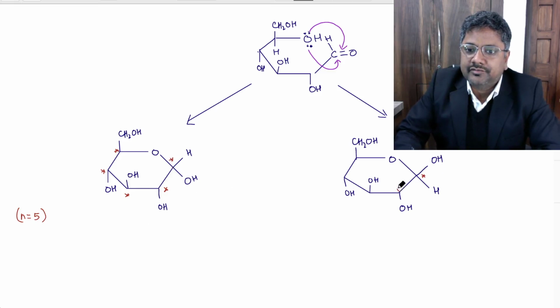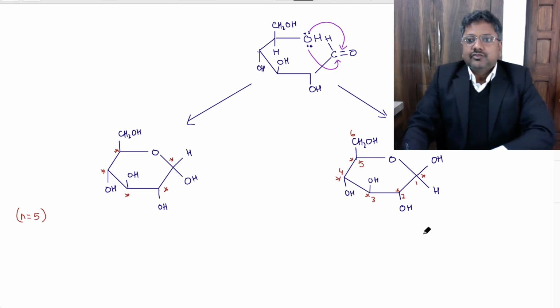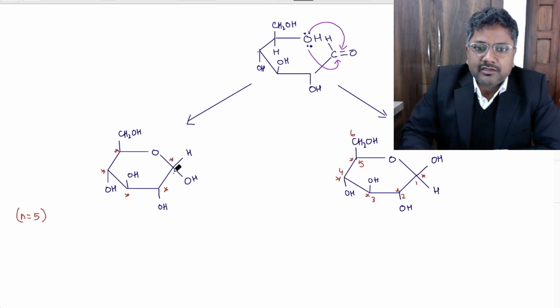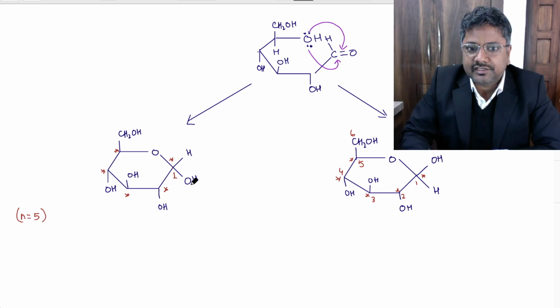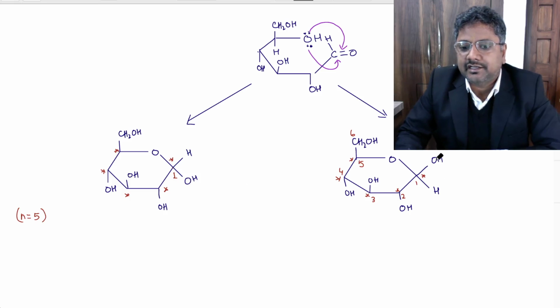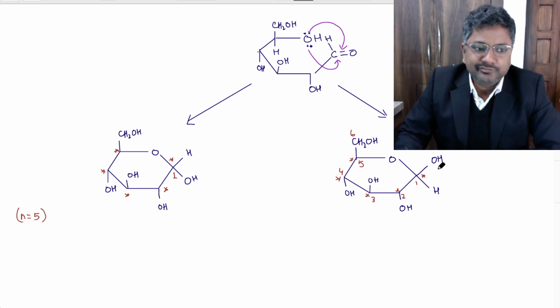So if you see here, this is carbon number 1, this is carbon number 2, this is carbon number 3, this is carbon number 4, this is carbon number 5, this is carbon number 6. With respect to carbon number 1, we have two isomers, in which the configuration has this OH on this side and here OH on this side.